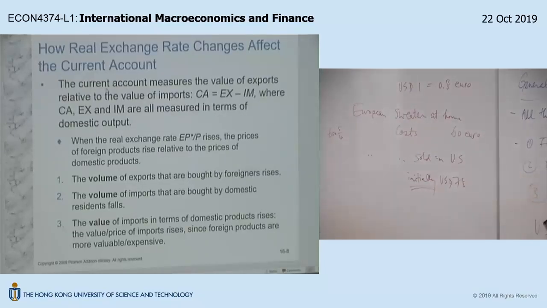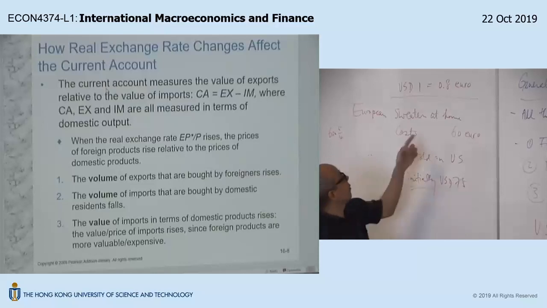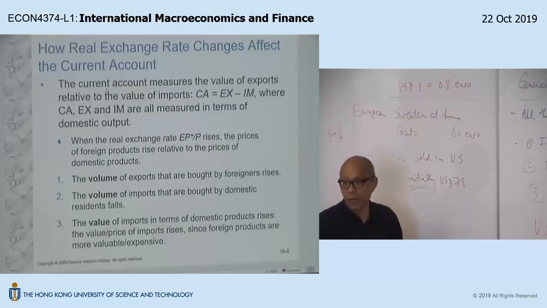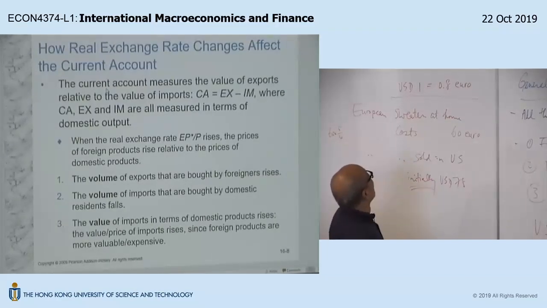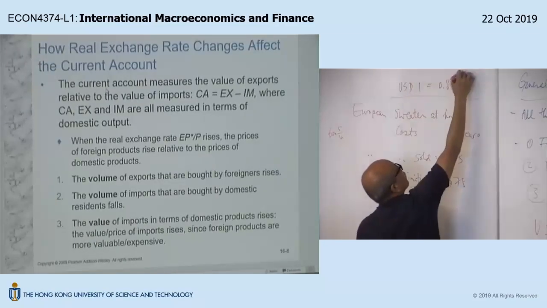But we assume that the US dollar has depreciated, right? So initially 0.8, but now it depreciates. Perhaps the US dollar depreciates so that 1 US dollar is only worth, let's say, 0.6 euro.